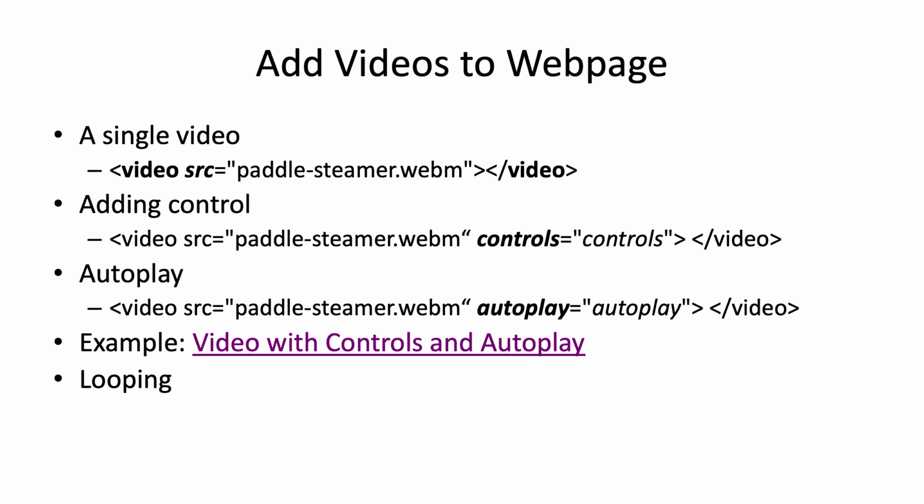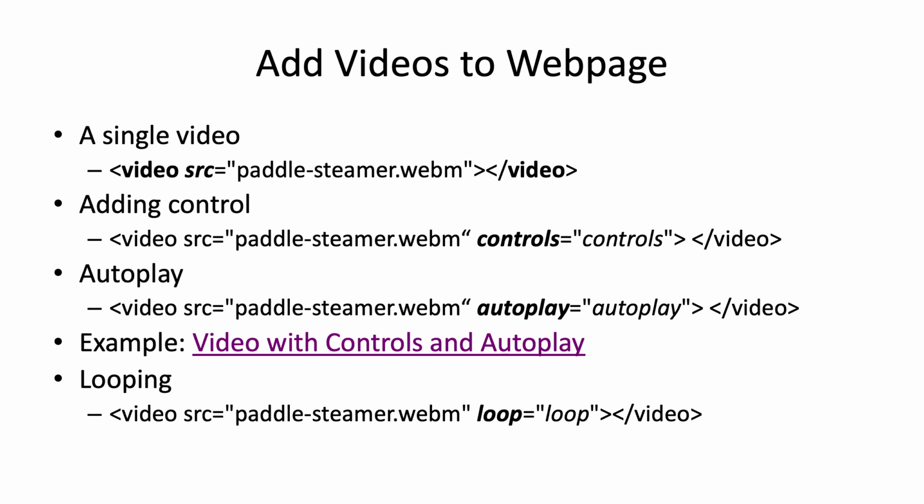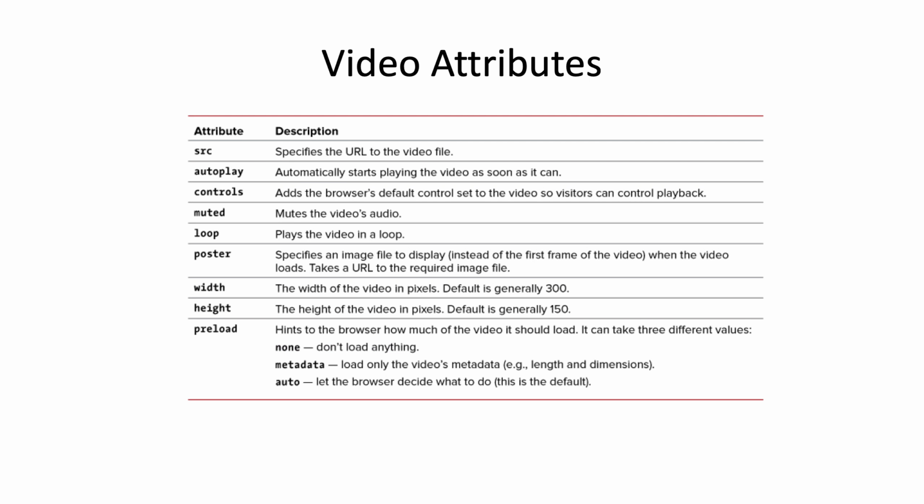Then you can also do looping as well, which means once the video finishes, it will start from the beginning again. So here there are a few other things that you can specify in the video element. You have seen the source, the autoplay, the controls.